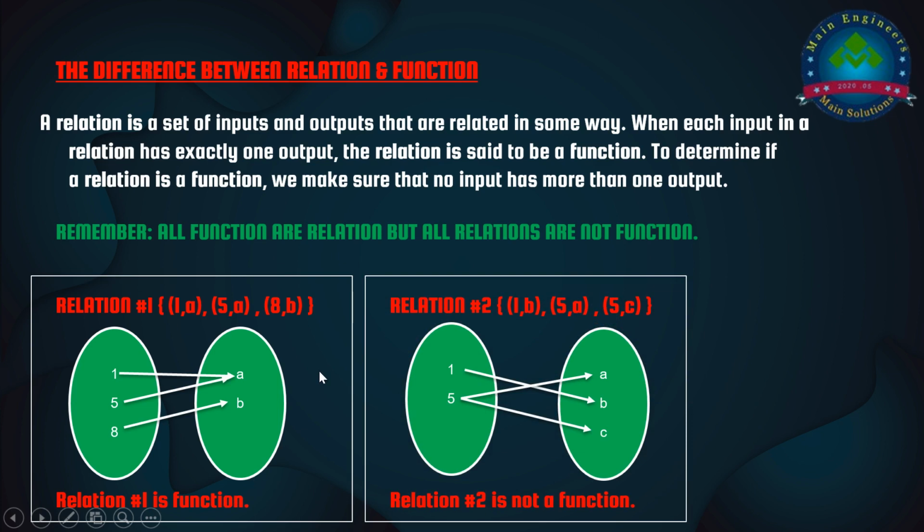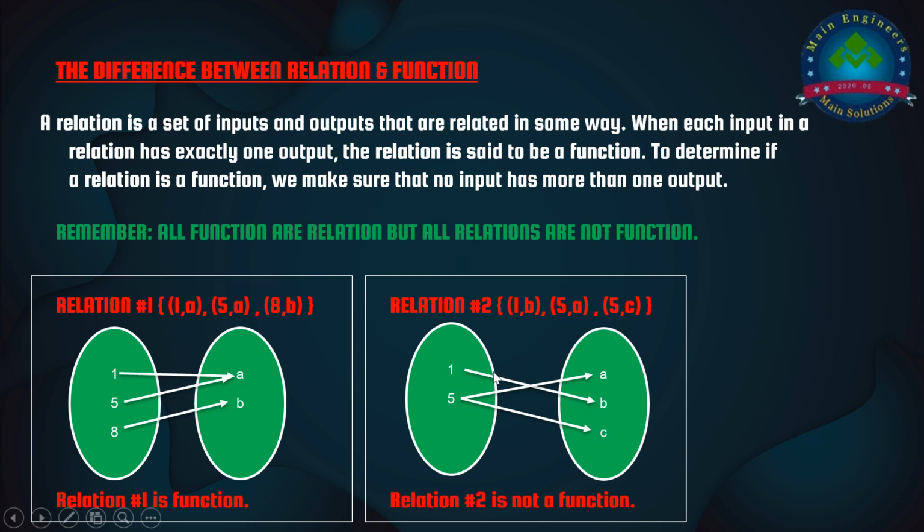Similarly, let's take another example, relation 2. Here there are also 3 sets of pairs. Let's draw it in a sketch. The first member of the pair is the domain, so here the domain is 1, 5 and 5, that means 1 and 5. And the range is b, a and c, that is a, b, c.